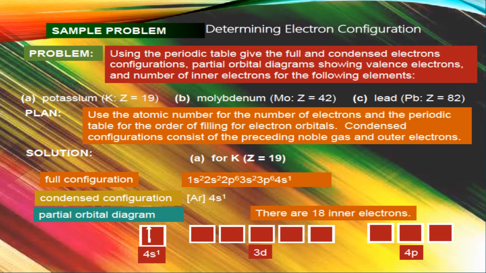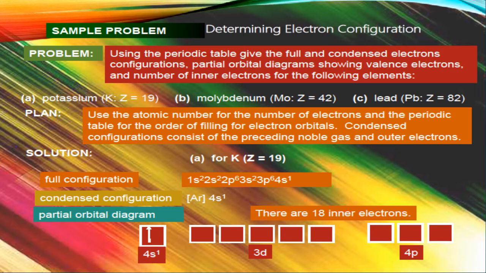Determining electronic configuration. Problem number 1. Using the periodic table, give the full and condensed electron configurations, partial orbital diagrams showing valence electrons, and number of inner electrons for the following elements. For example, if you take potassium, atomic number Z is equal to 19.